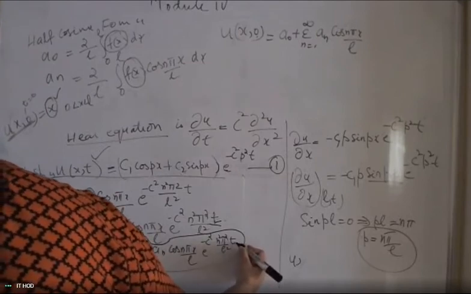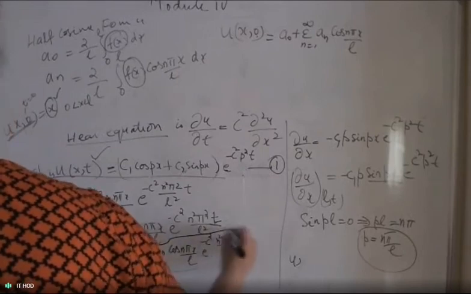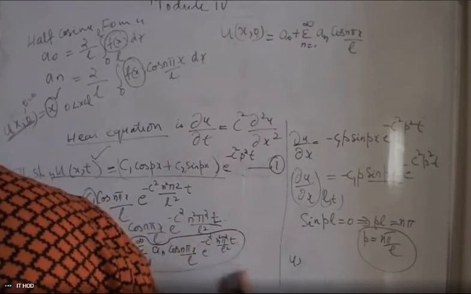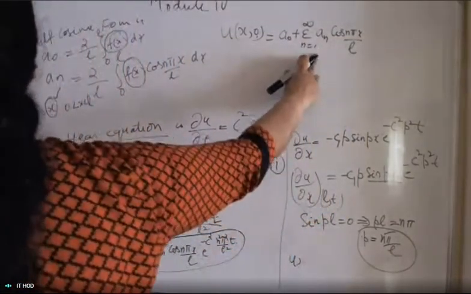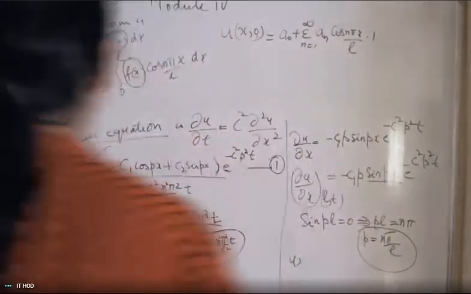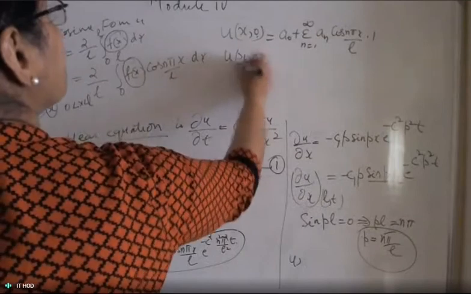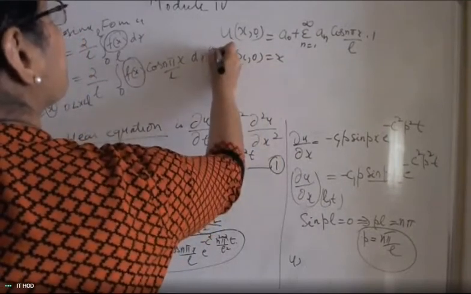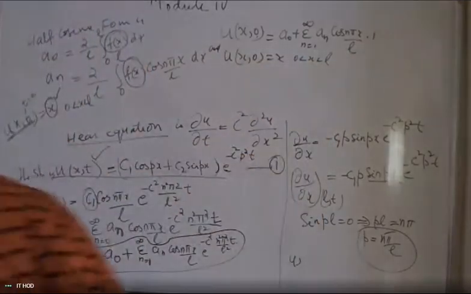So at t equal to 0 the whole thing becomes 1. So this reduces to a naught plus sigma n equal to 1 to infinity a n cos n pi x by L into 1. And our condition is u(x,0) equal to x for 0 less than x less than L.